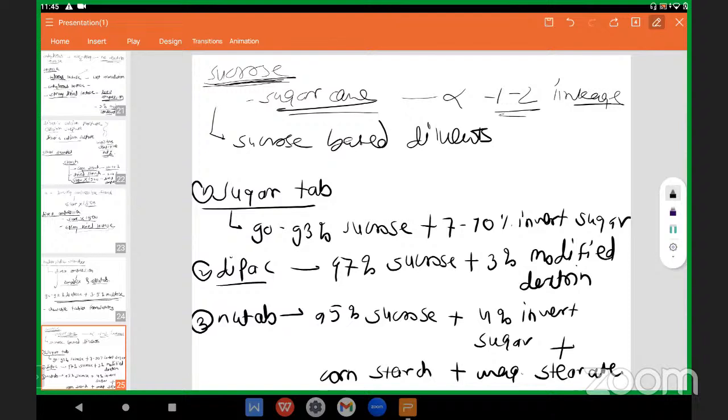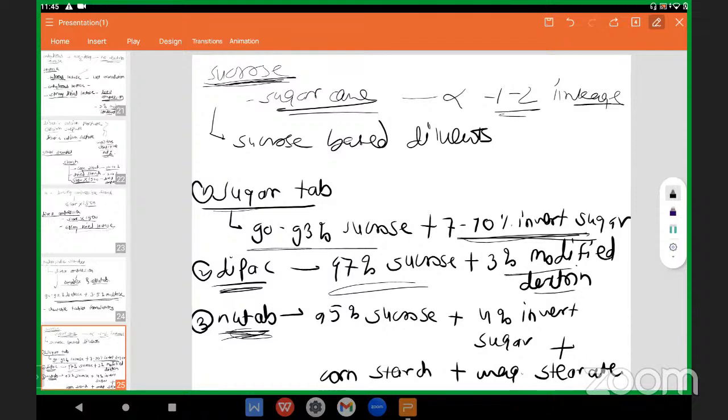Okay, so wherever you see sucrose based diluents, these are three very important ones. First one is Sugartab, second one is DiPac, third one is Nu-Tab. When you see the composition for Sugartab, what is it? It is having 90 to 93% of sucrose plus 7 to 10% of invert sugar. Right? The second example, DiPac: 97% of sucrose and 3% of modified dextrin.